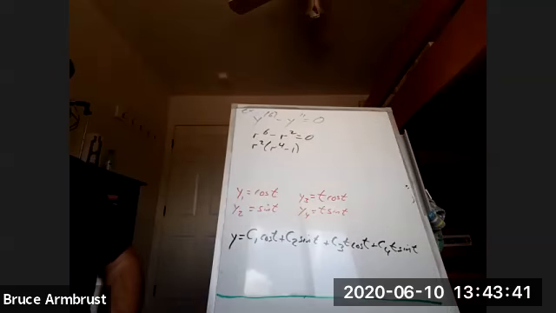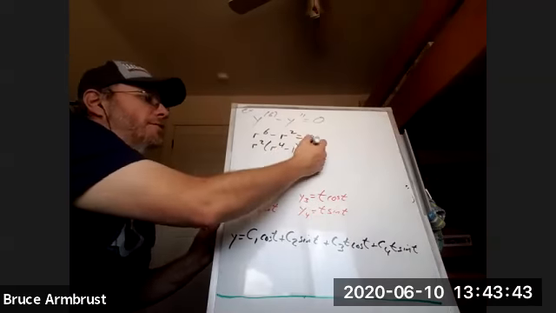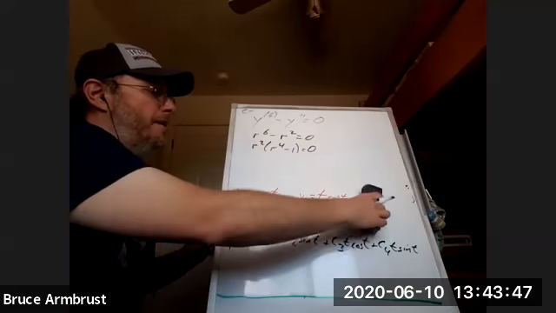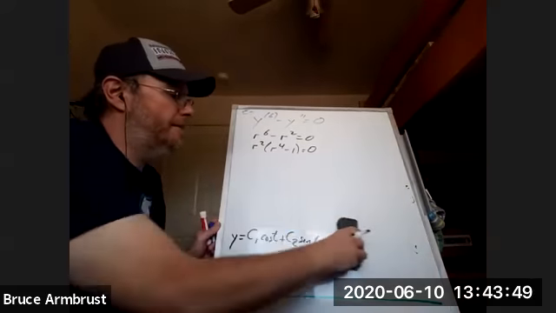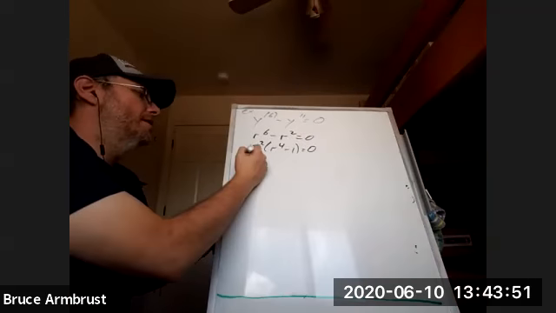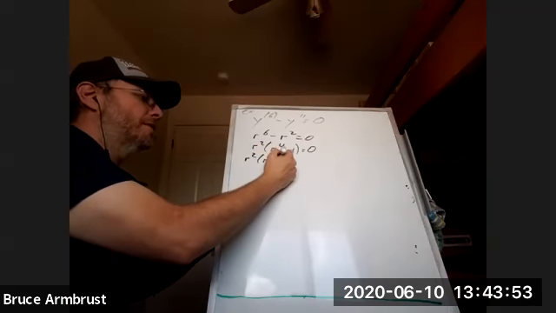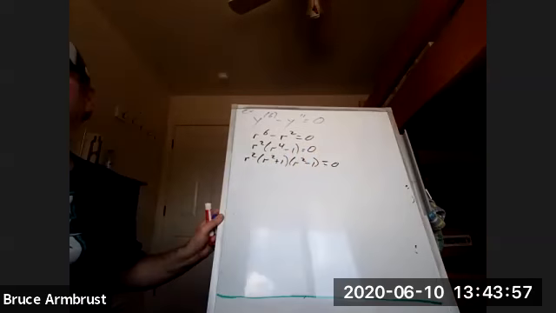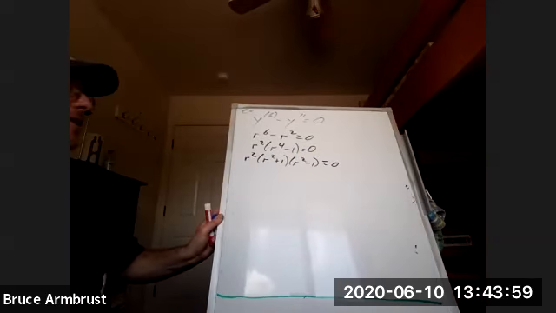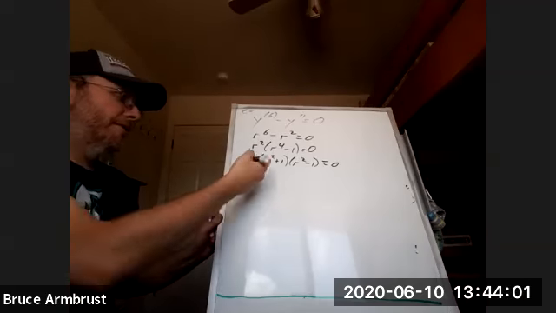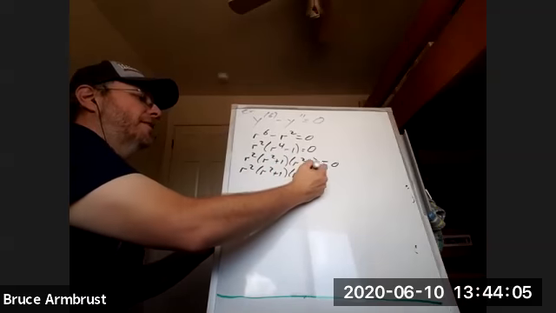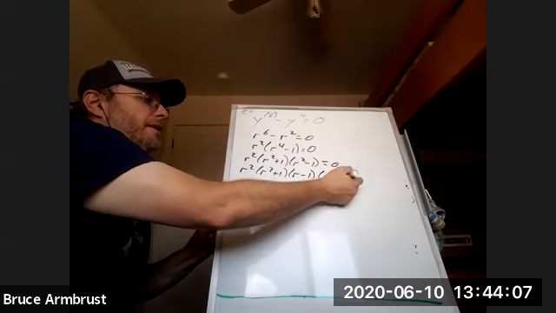So that gives us r squared times r to the 4th minus 1. The r to the 4th minus 1, that's a difference of squares. So that'll be r squared times r squared plus 1 times r squared minus 1. And the r squared minus 1, we can even go further still. That factors to r minus 1 and r plus 1.